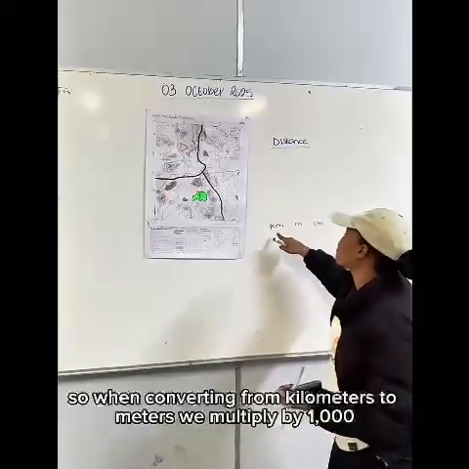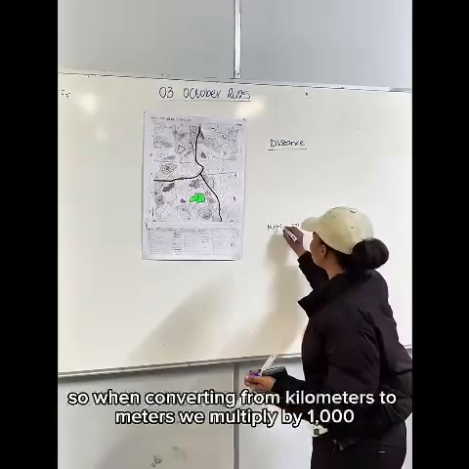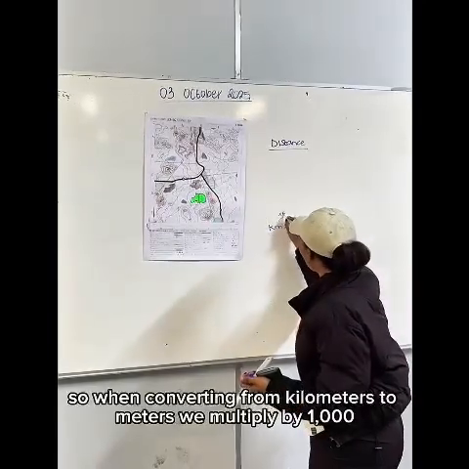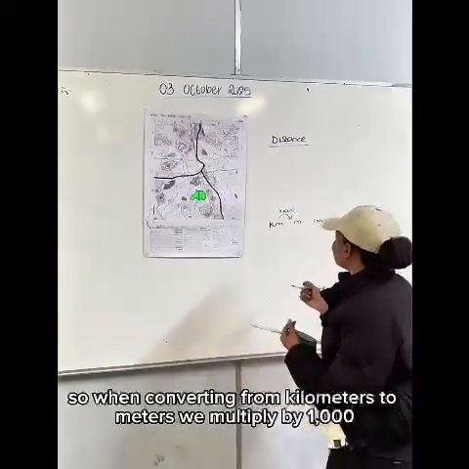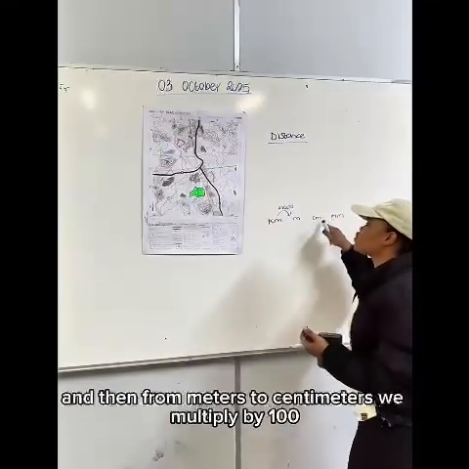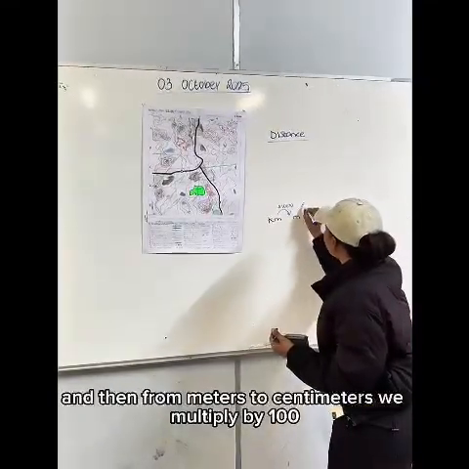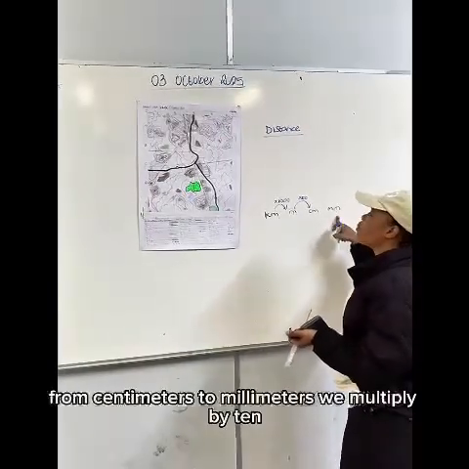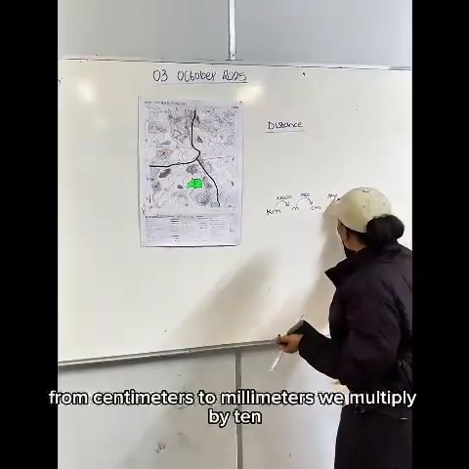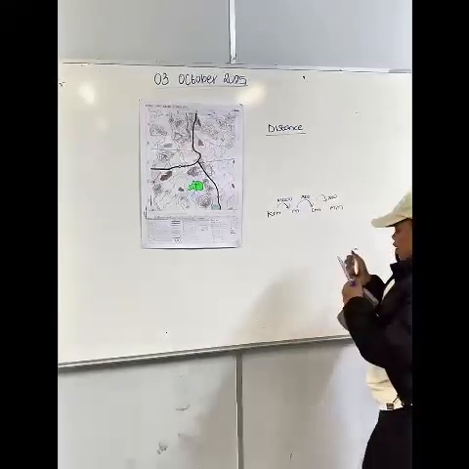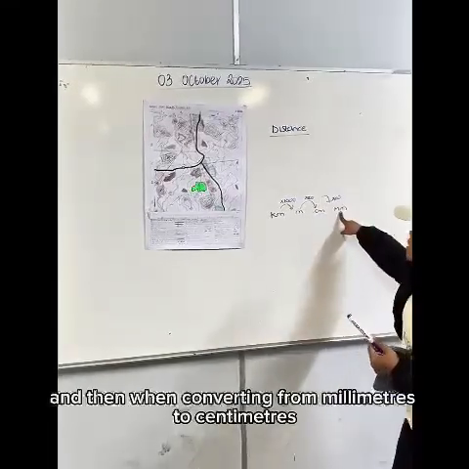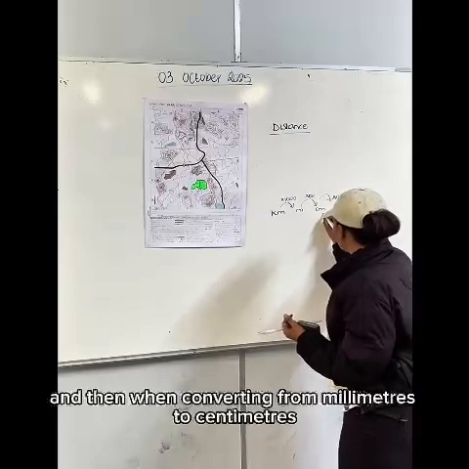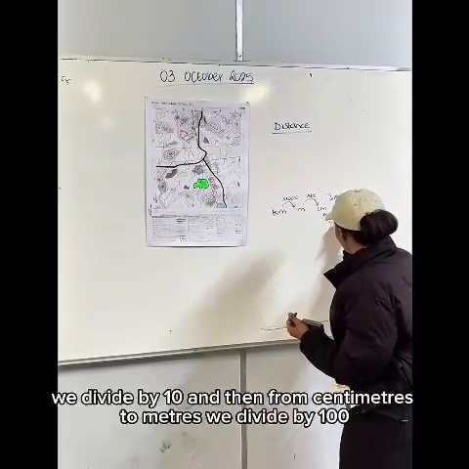When converting from kilometers to meters, we multiply by 1000. From meters to centimeters, we multiply by 100. From centimeters to millimeters, we multiply by 10. When converting from millimeters to centimeters, we divide by 10.